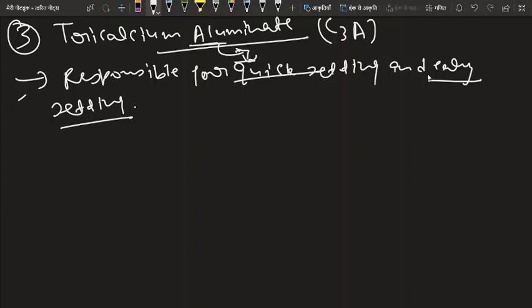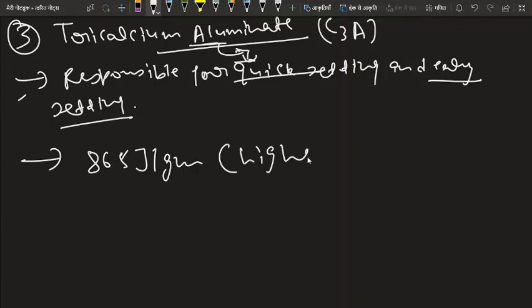Another property: it generates the greatest heat of hydration among all of the Bogue compounds. Dicalcium silicate has the lowest heat of hydration among all of the Bogue compounds. C3A has the highest heat of hydration, about 865 joule per gram, which is the highest.